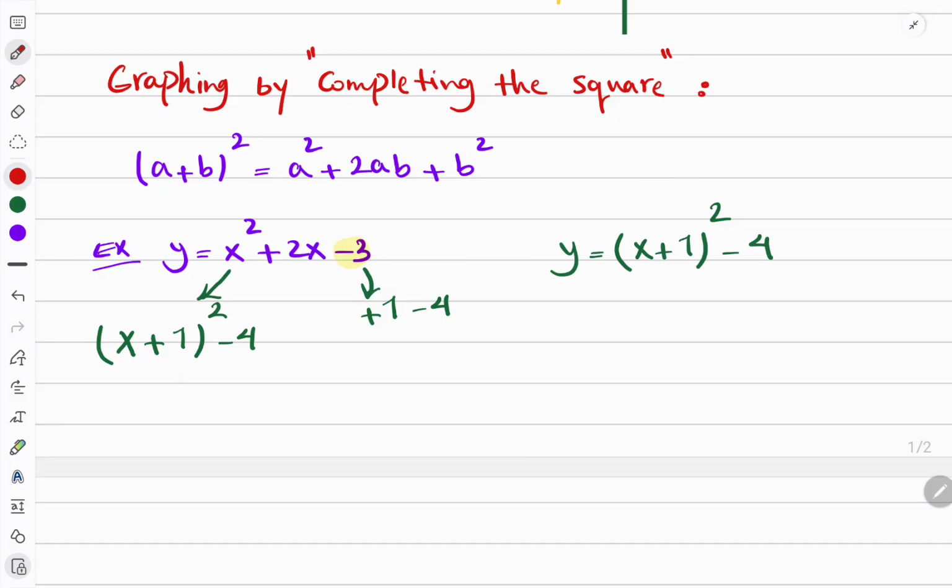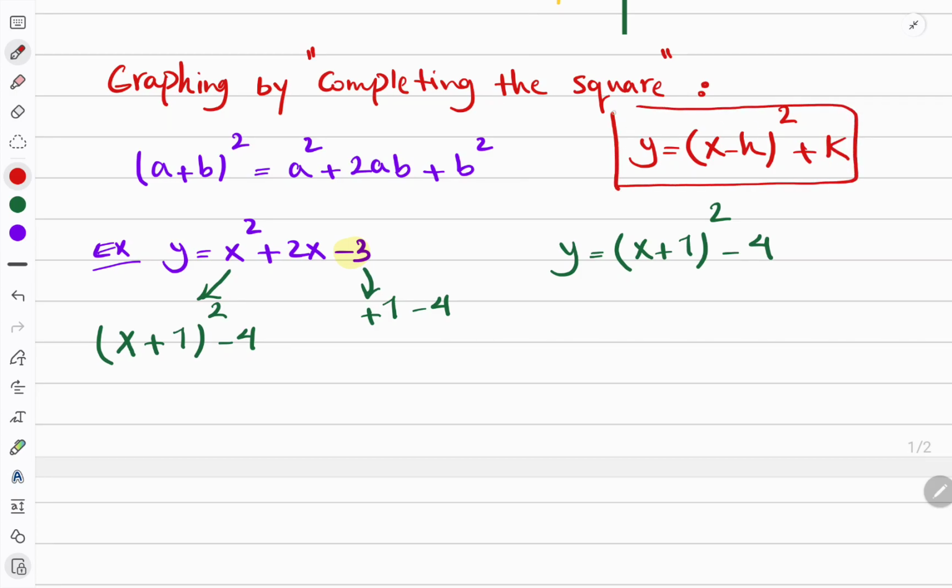Okay, we have a general formula for that. y equals x minus h squared plus k. And in this form, h is the x coordinate of the vertex and k is the y coordinate. So h and k is the vertex.